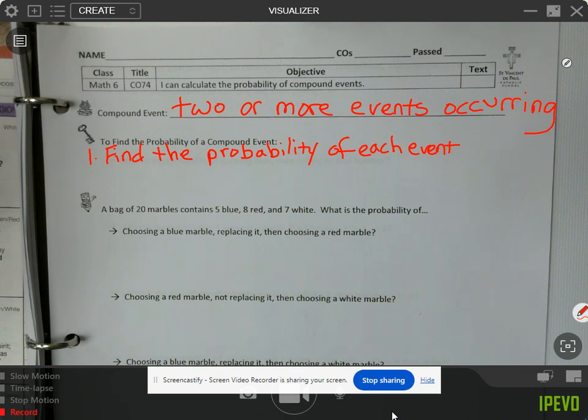So you have to look at what events you have happening. What is the probability of each of those events? Then you are going to multiply all the probabilities together.